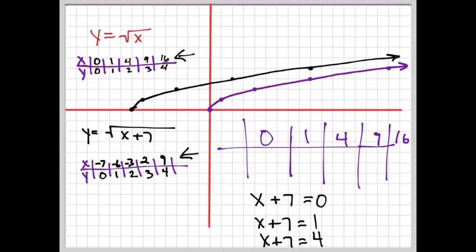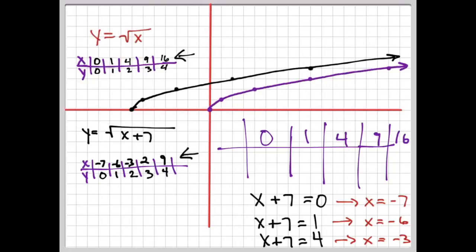If x plus 7 is going to fill in for 0, what does x have to be? And if x plus 7 is going to fill in for 1, what does x have to be? -6. And if x plus 7 is going to fill in for 4, what will x have to be? -3. That makes sense? It's different with y because y is an output, and so we're just changing our output by multiplying and adding. When we do our input, everything switches around.